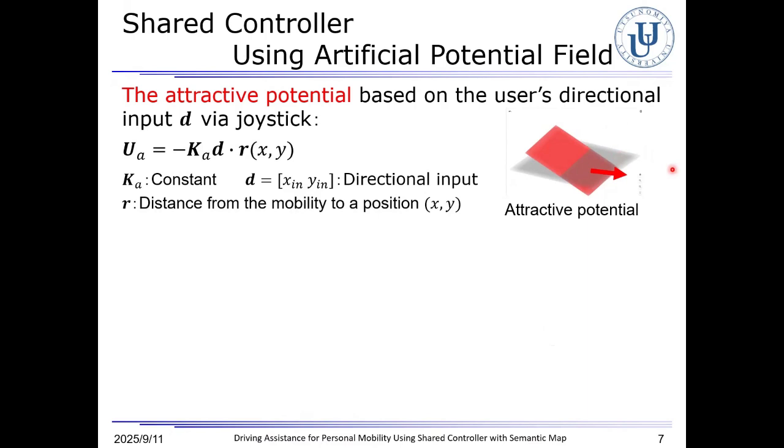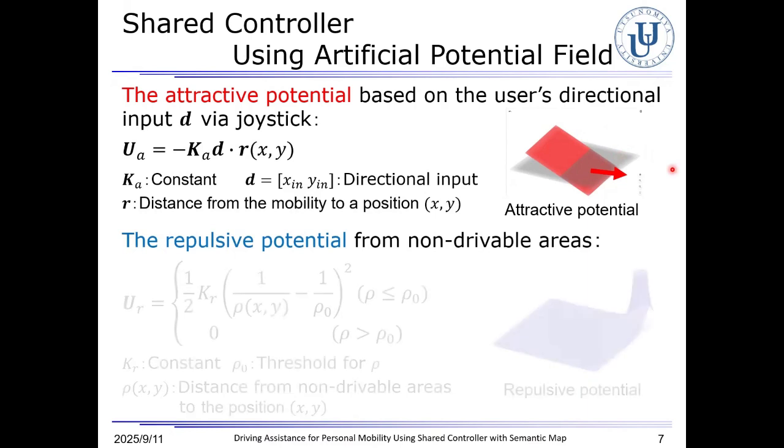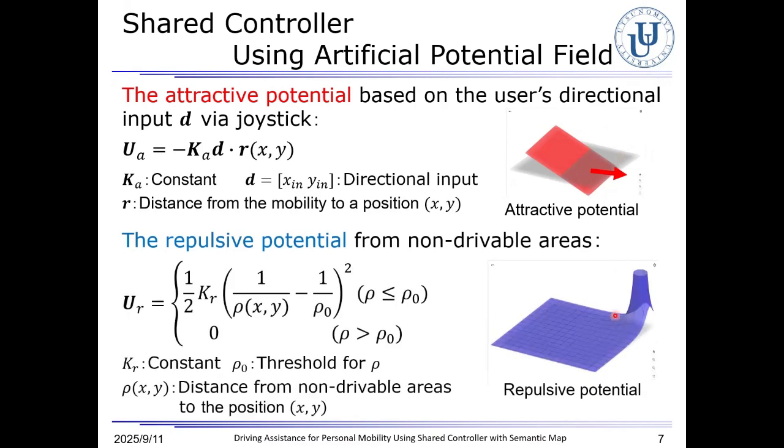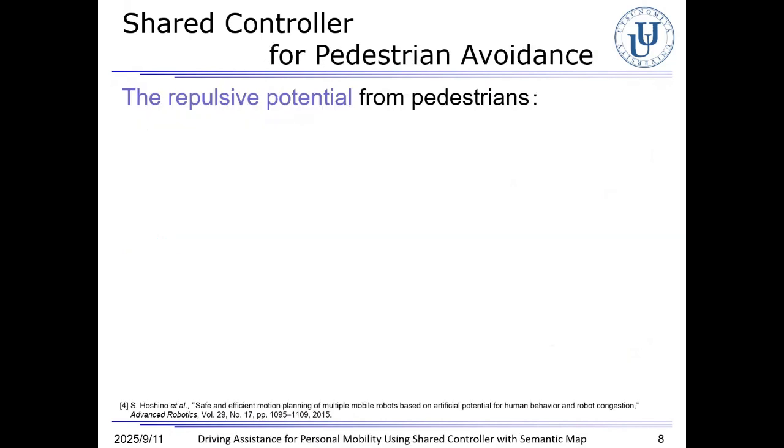Next, we use two repulsive potentials for non-drivable areas and pedestrians. 1. The repulsive potential generated from the non-drivable areas. The closer the mobility approaches non-drivable areas, the larger the repulsive potential becomes. 2. The repulsive potential generated specifically for pedestrians.